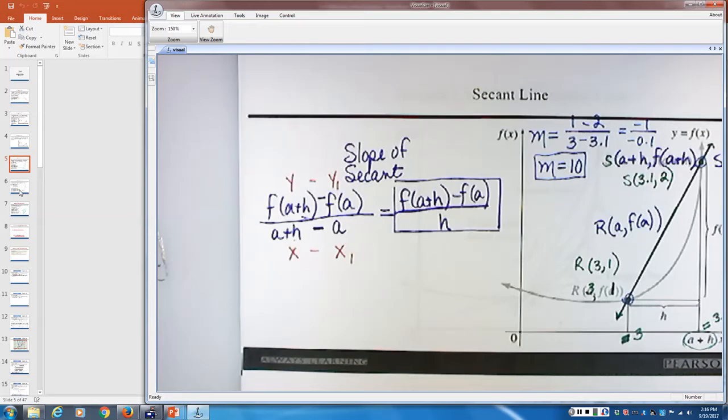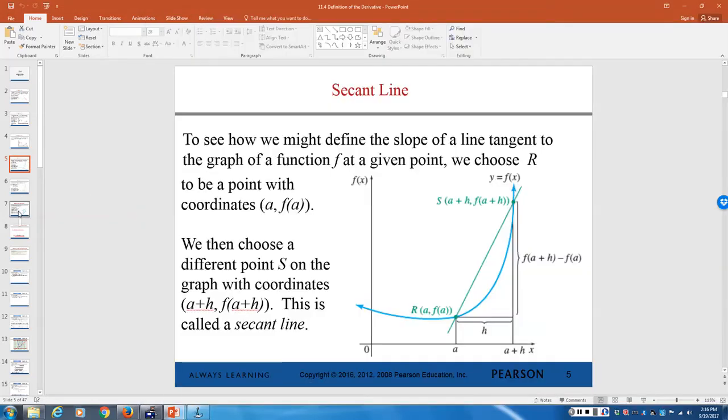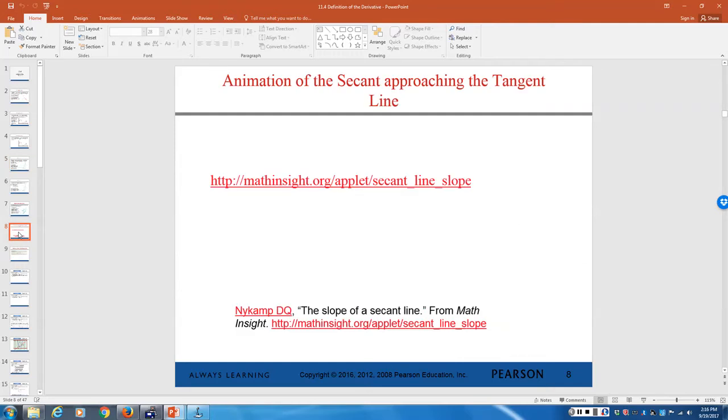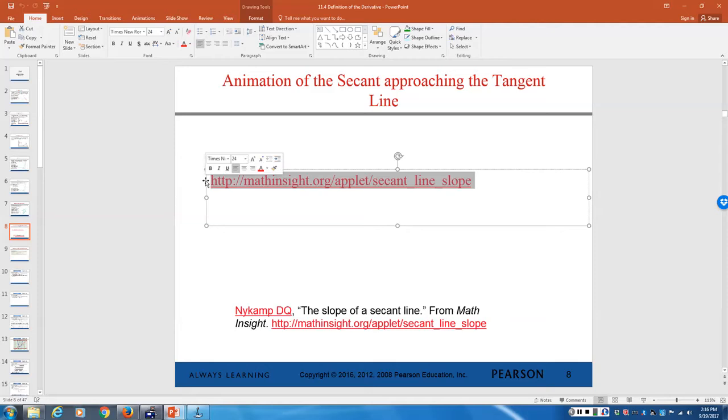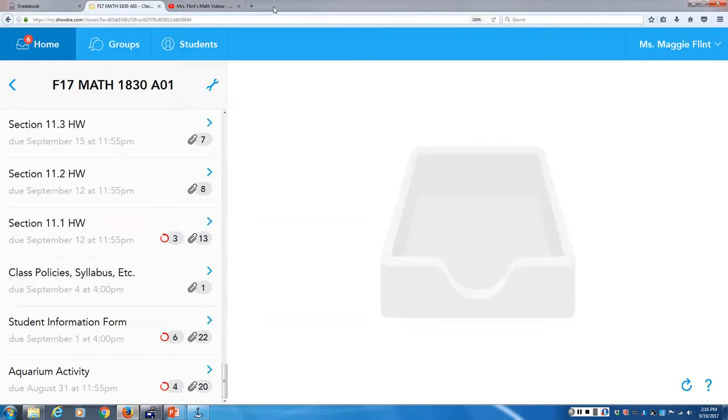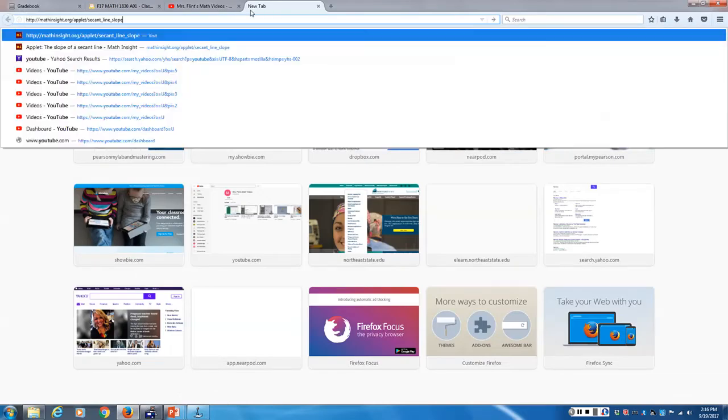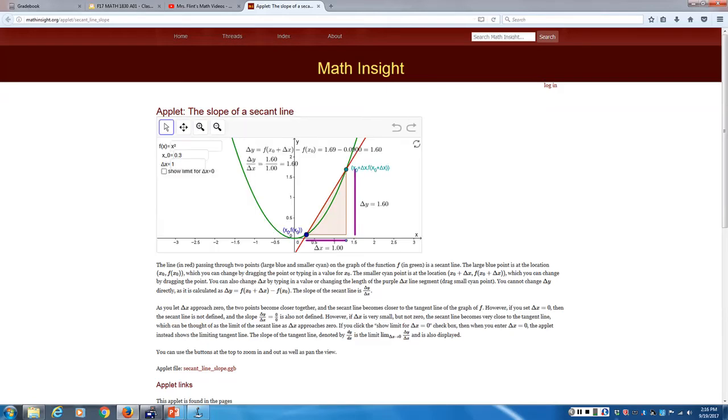Now, to go further with that, I want you to look at something that's going to happen. This is an applet from Math Insight, because it'll give you an idea of what we're going to be doing here in a minute. This is exactly what we've just been looking at, right?